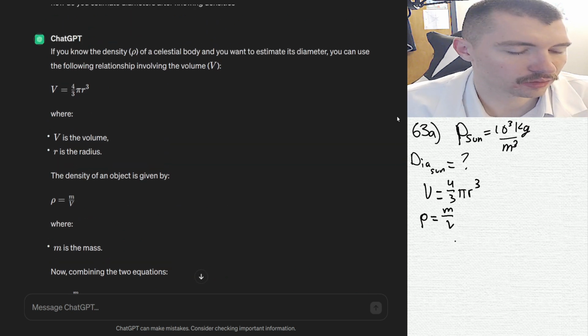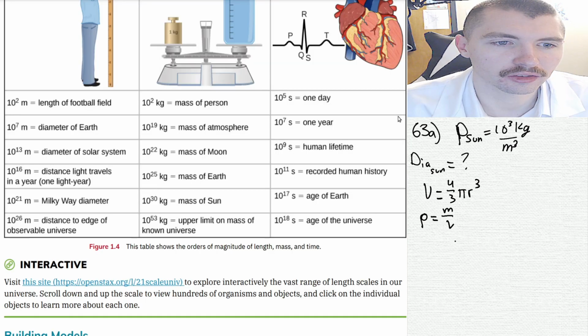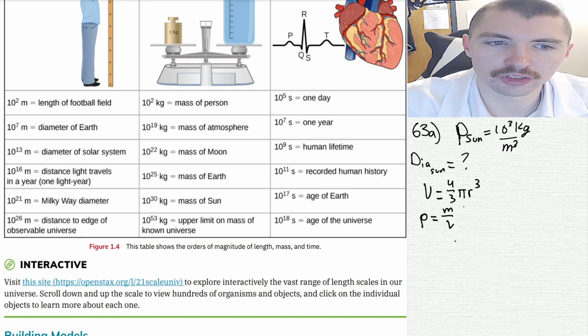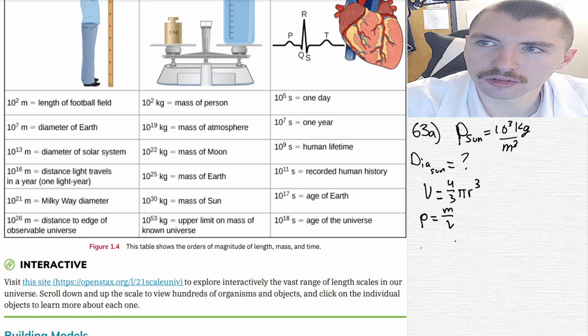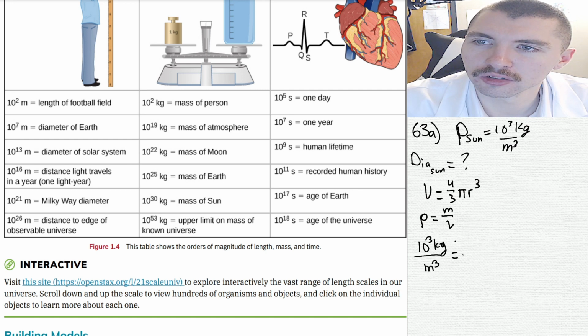Okay, so we do know the mass of the sun. It's going to be 10 to the 30 kilograms. Then what is the diameter?